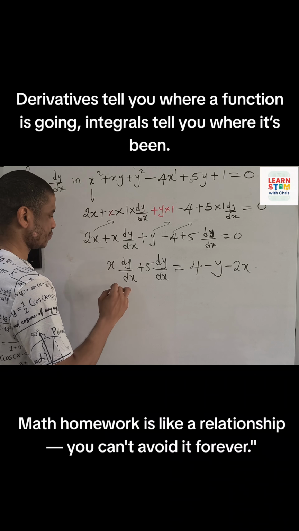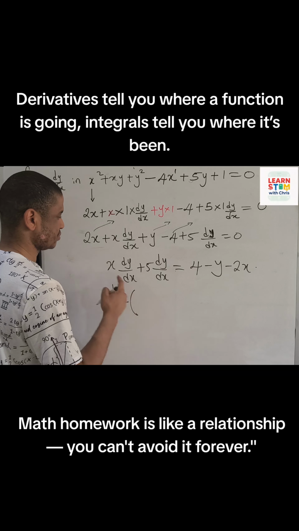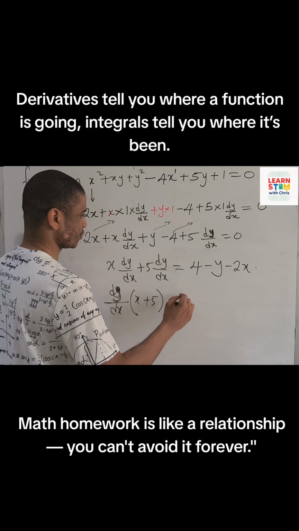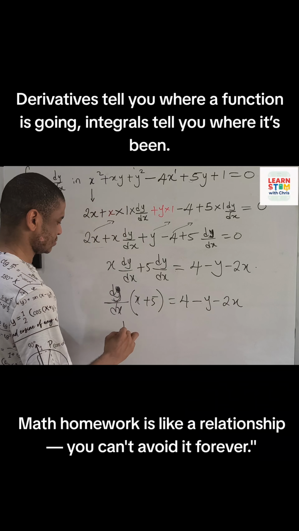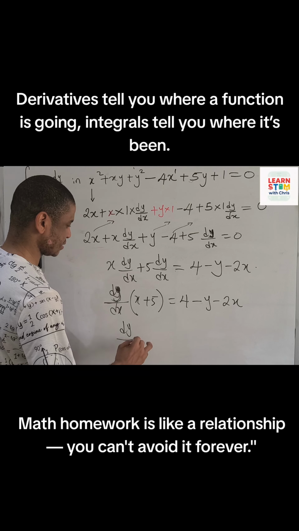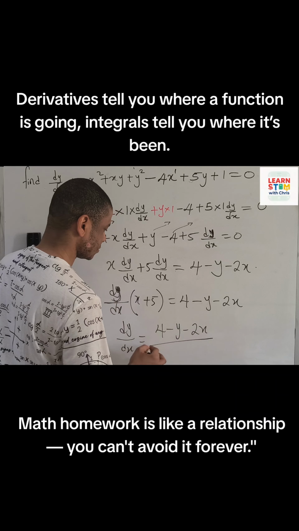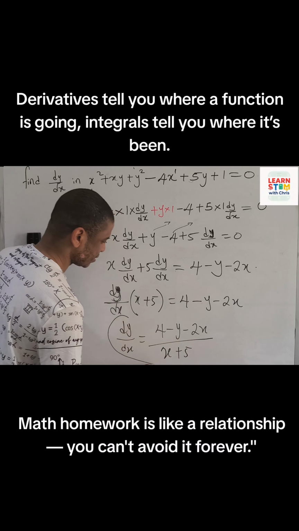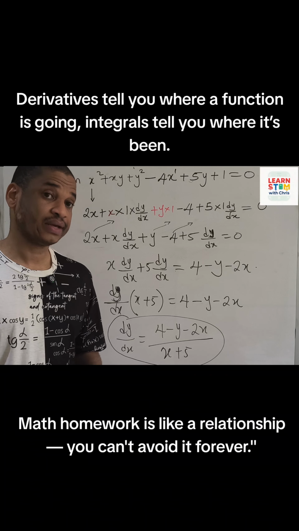So dy/dx, I'm factorizing: x plus 5 equal to 4 minus y minus 2x. So dy/dx will be 4 minus y minus 2x over x plus 5. So this is my dy/dx.